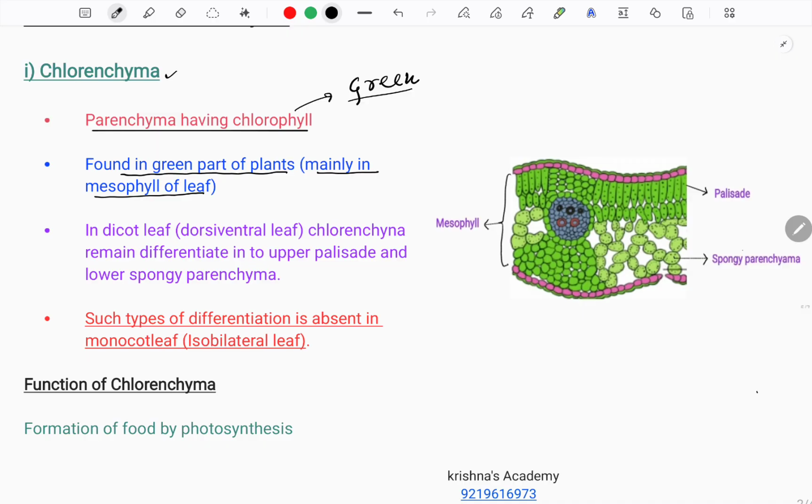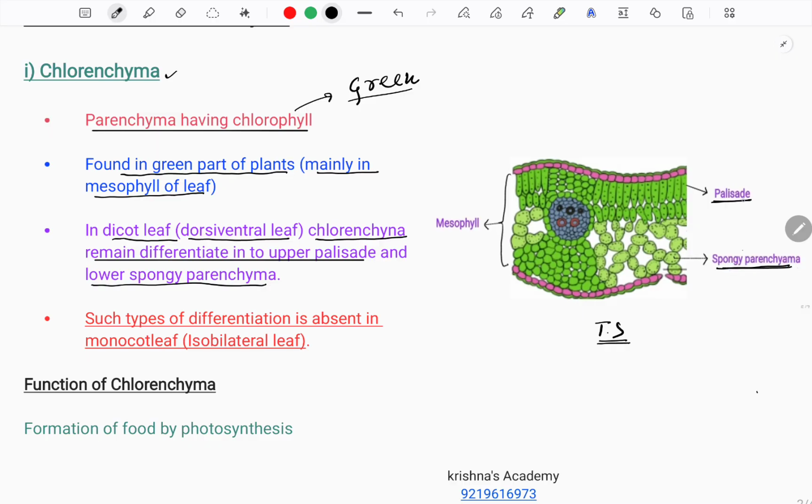In dicot leaves, which are also called dorsiventral leaves, chlorenchyma is differentiated into upper palisade and lower spongy parenchyma. This is the TS of a dorsiventral leaf, in which this is the palisade, towards the upper epidermis, and this is the spongy parenchyma.